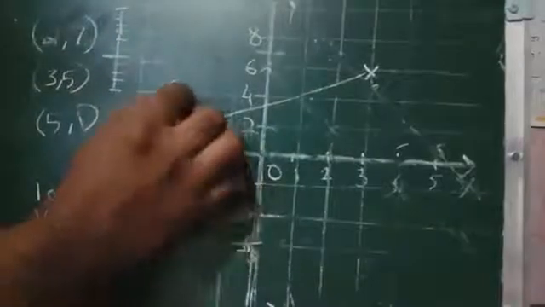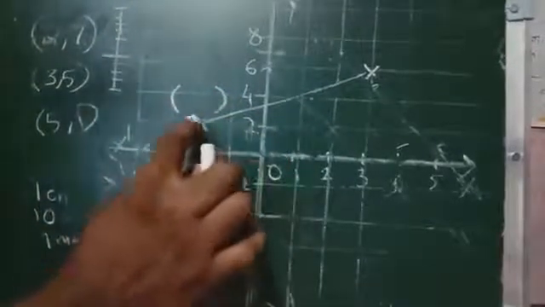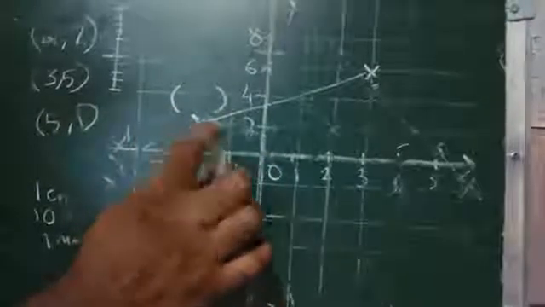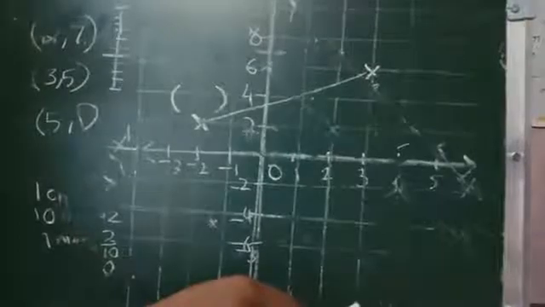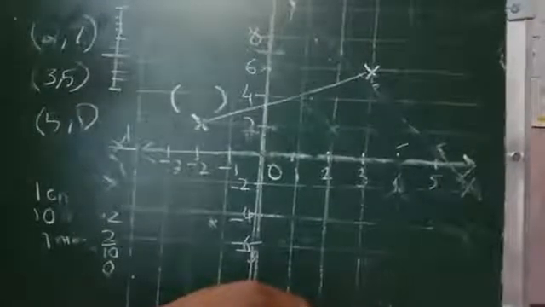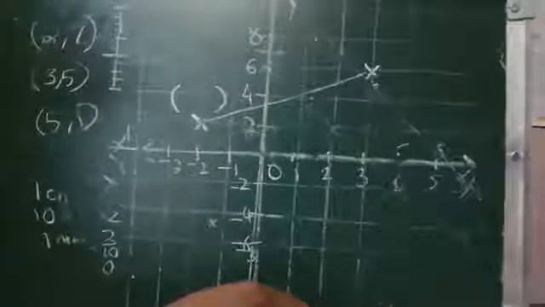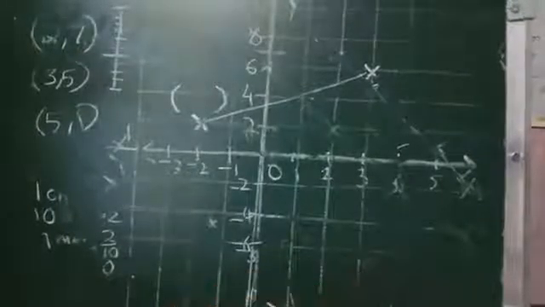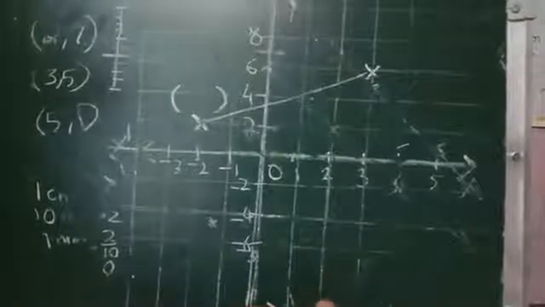For that, let's take the coordinates of this point. In grade 8, you have learned how to find the coordinates of a point in the coordinate system, how to plot a point on a graph, and from a point how to identify the x coordinate and y coordinate.